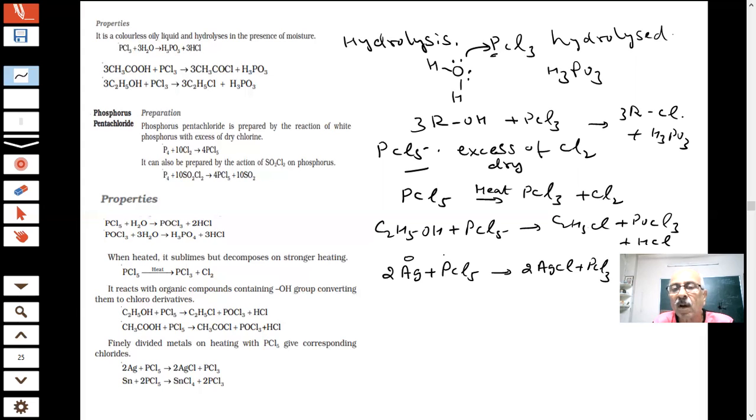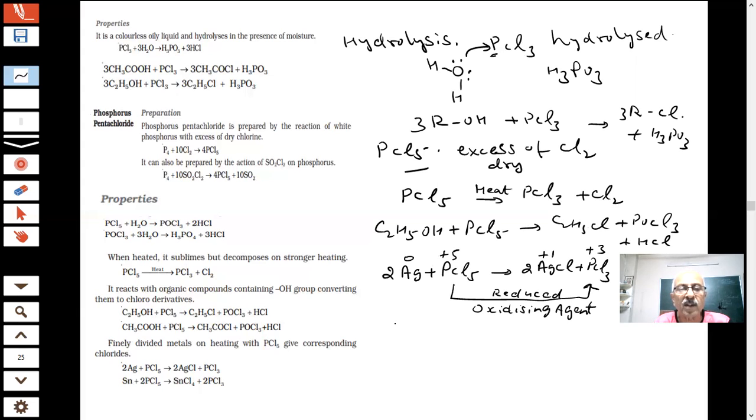Phosphorus is here +5, and here +3. Therefore, phosphorus is being reduced, so PCl5 is acting as an oxidizing agent. It is a redox reaction.